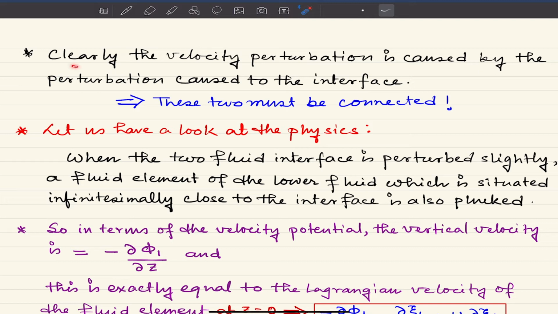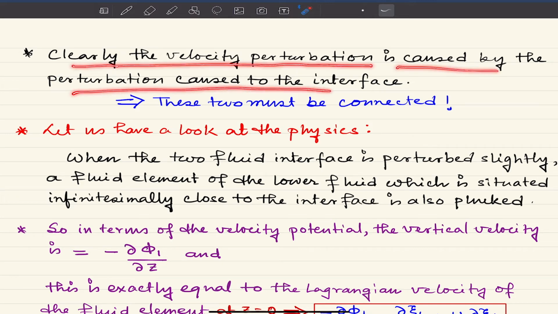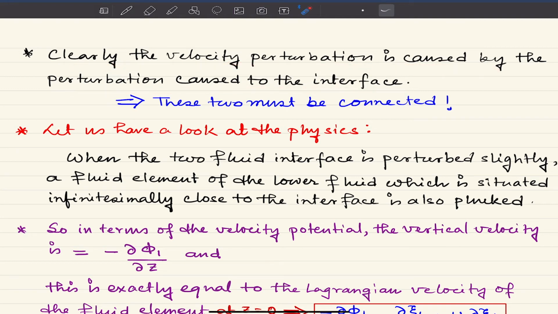So clearly the velocity perturbation is caused by the perturbation to the interface. Of course the velocity perturbation very close to the interface occurs. That means the uniform velocity u is now getting to some v, not u prime, sorry, u prime has a different meaning here.